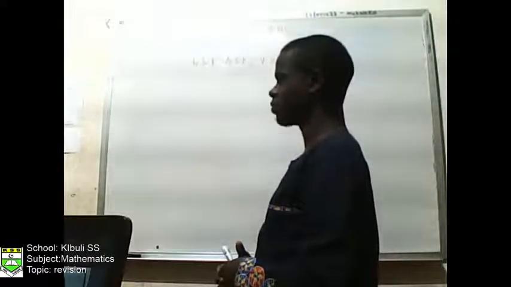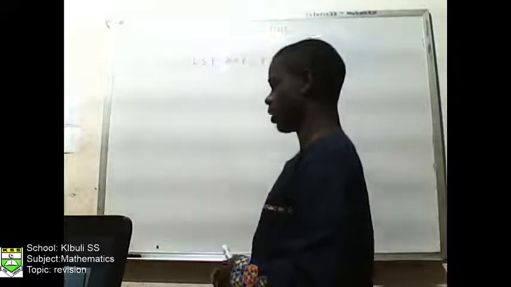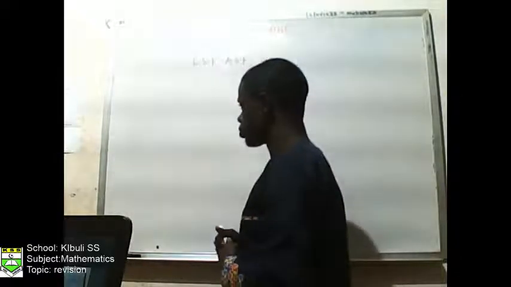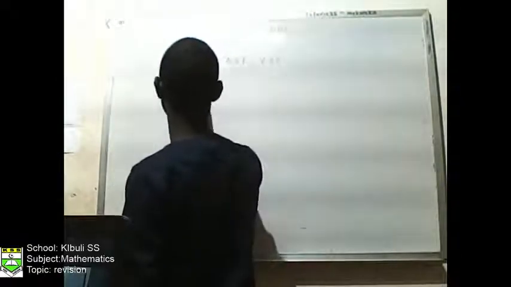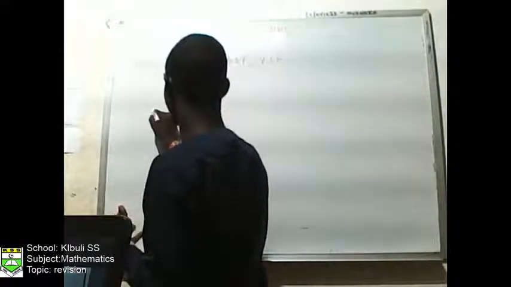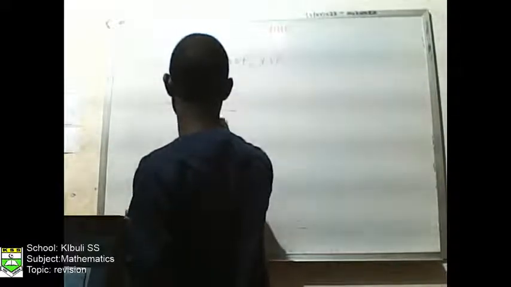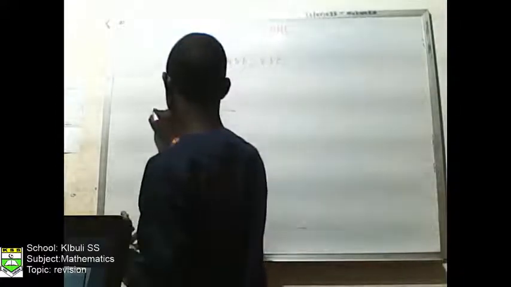Why am I bringing this in? We know that in transformation, for enlargement, we looked at the linear scale factor. When I talk of linear, let's say we have a triangle and another big triangle of the same shape. This is maybe 5 centimeters and this is 3 centimeters.